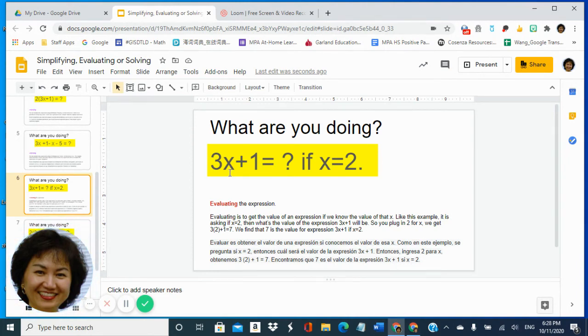In other words, plugging this 2 into this x, so it becomes 3 times 2 plus 1, you'll get 7. That's when you know the value of x, so you evaluate the expression. Okay? Evaluating an expression means go find the value of that expression when you are given the value of that x.